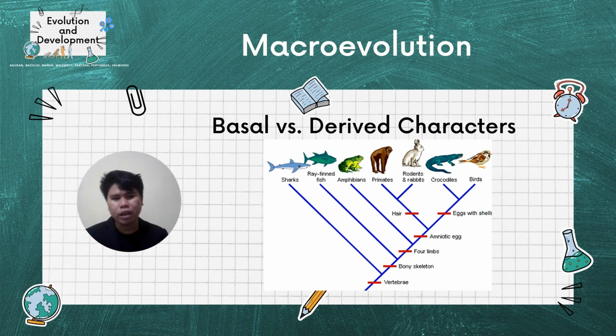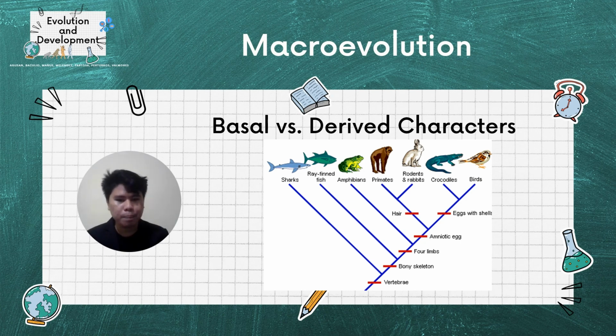So in biology, we often use the terms basal and derived to describe characteristics of organisms. And these terms are actually closely related to homology and analogy. As we all know, basal characteristics are those shared by a group of organisms that are considered to be primitive or ancestral. So these characteristics are often homologous, meaning they are similar due to their shared ancestry.